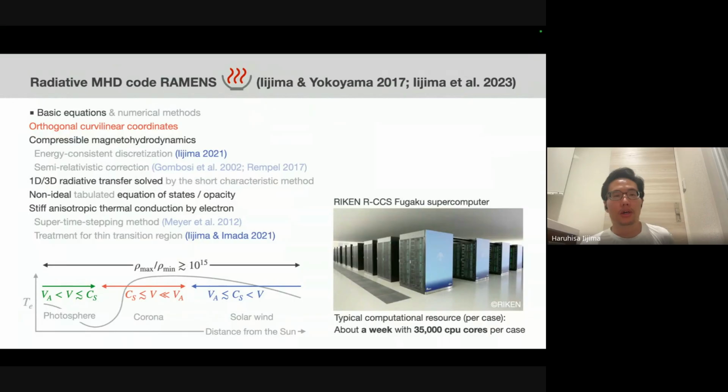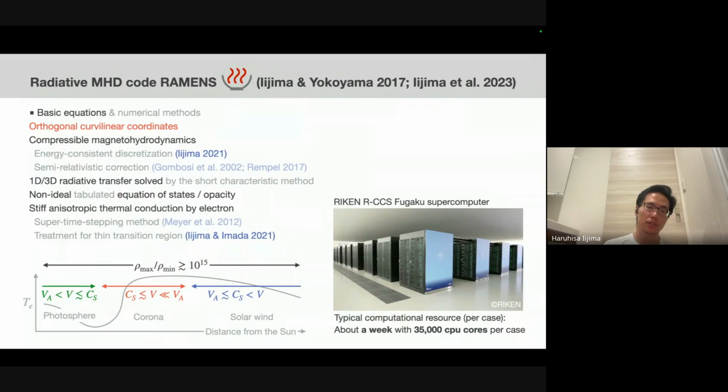The disadvantage of the radiative MHD simulations of the solar atmosphere is their computational cost. Because we need to cover the high density ratio from the photosphere into the solar wind, the density ratio exceeds 10 to the 15. So we need many numerical grid points along the vertical axis.